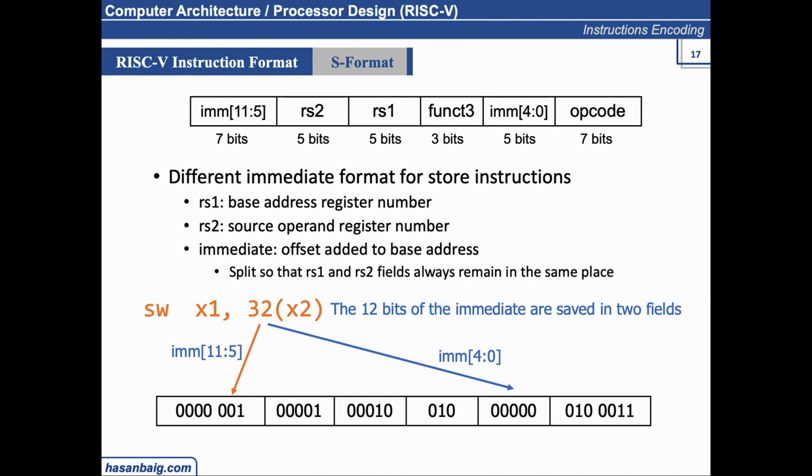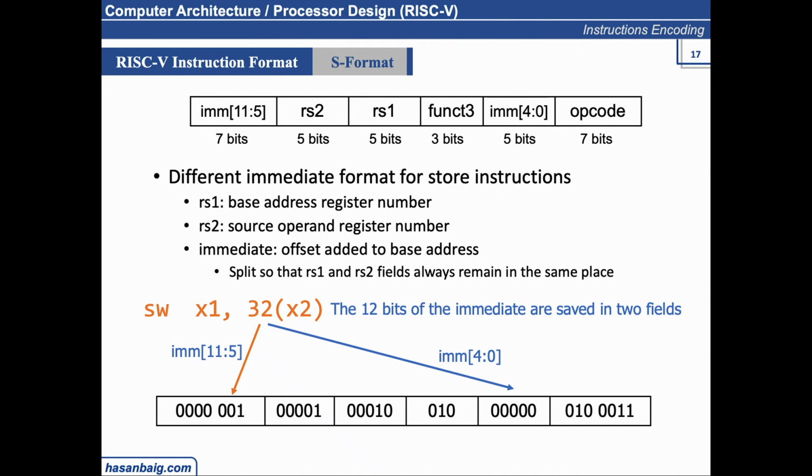And the people who will be implementing hardware will be responsible to fetch the data from here and there specifically, and they will be able to identify based on the opcode what these 5 bits and these 7 bits correspond to. They are responsible to concatenate these 5 bits and 7 bits together in the hardware to make a complete 12-bit immediate data.